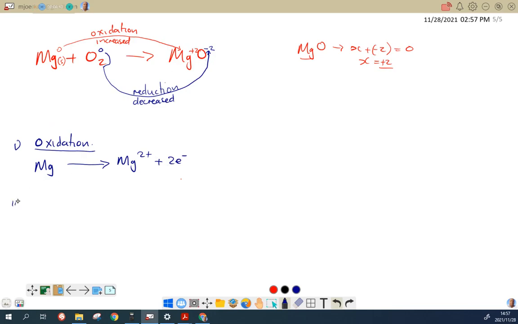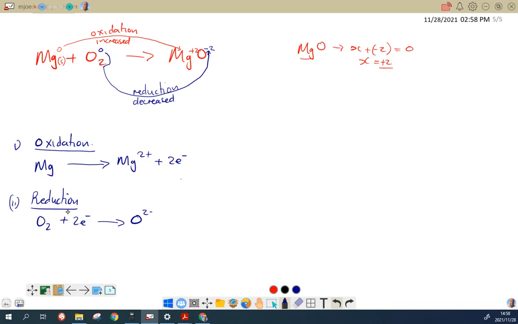Secondly, we have the oxygen, but in this case, how many oxygens do we have? We've got 2 of them that undergo the process of reduction. So each oxygen atom gains 2 electrons to become the oxide, which has a charge of -2.